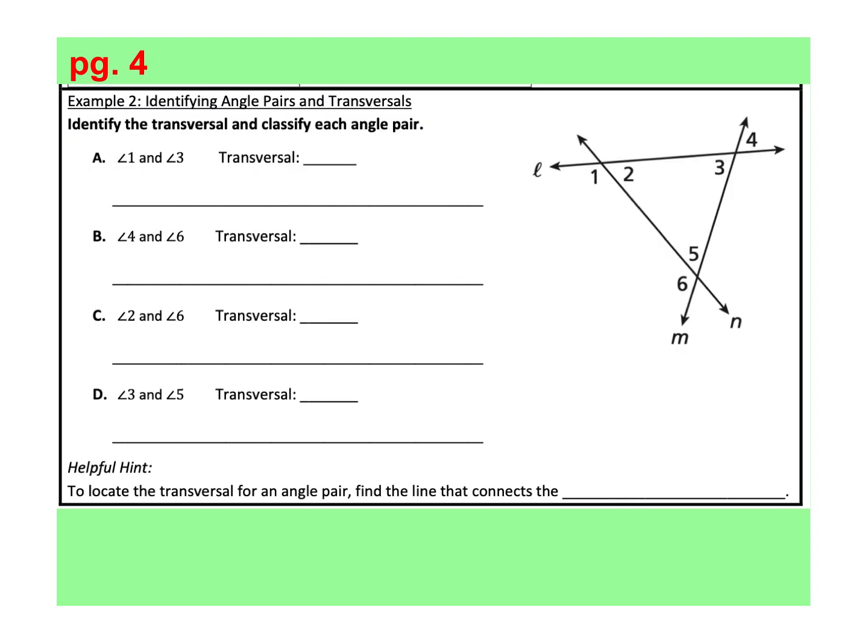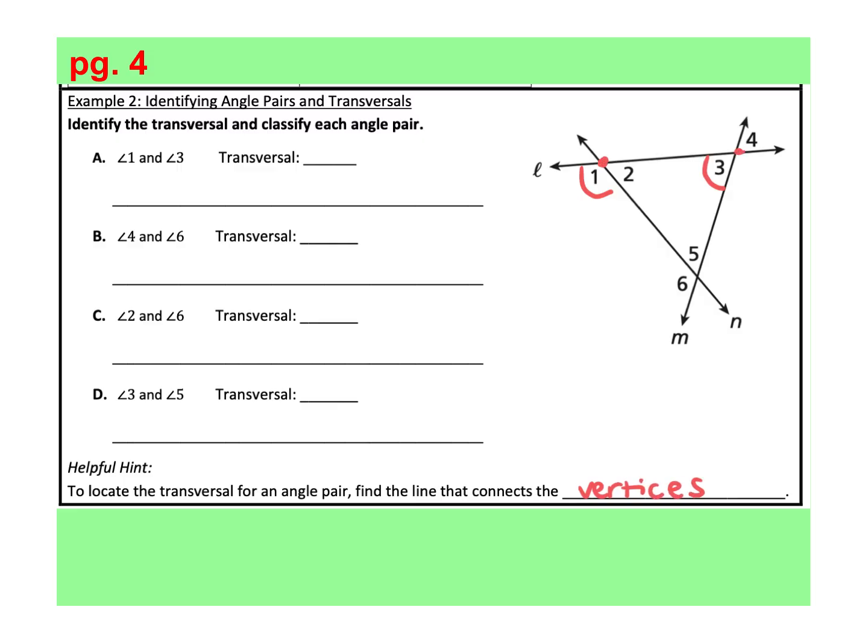Next, we're going to look at how we can identify the transversal that forms each angle pair. You might want to have some colors for this one to mark up the angles. So angle 1 and angle 3 are the two angles. To find the transversal, you're going to find the line that connects the vertices of these two angles.